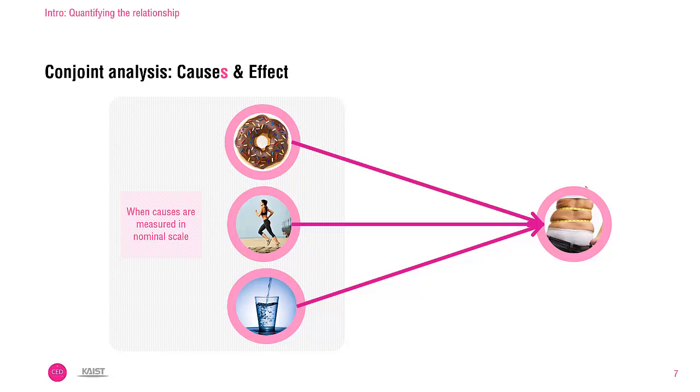Then lastly, the conjoint analysis. Conjoint analysis is a kind of loose technique of multiple regression analysis, but it is very practical, particularly when the independent variables are measured in nominal scale. Perhaps in design study, we need to find a big picture rather than identifying the size of a coefficient more accurately.